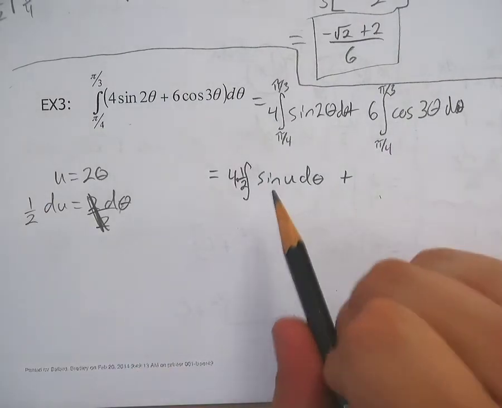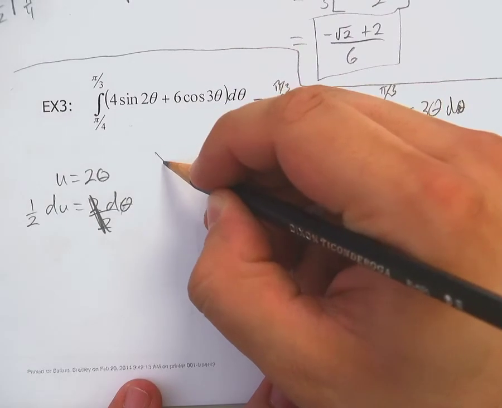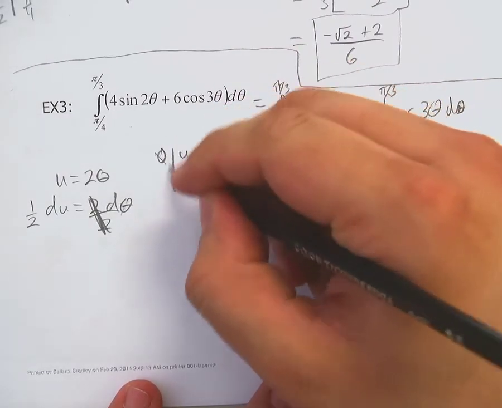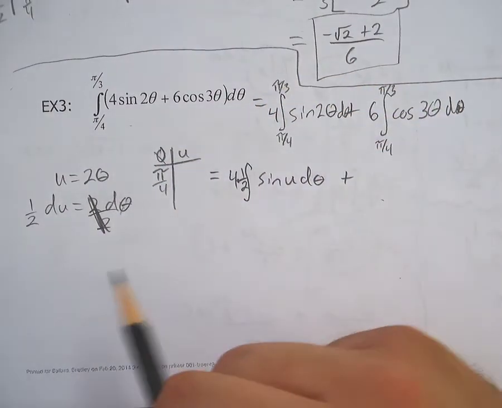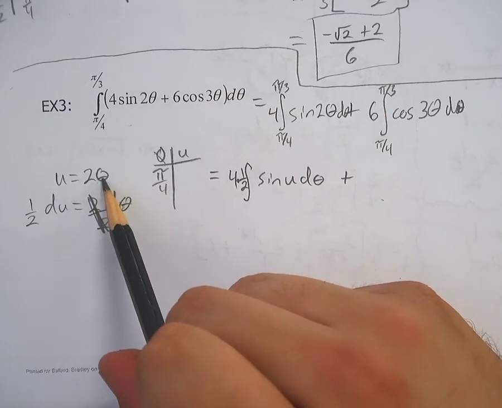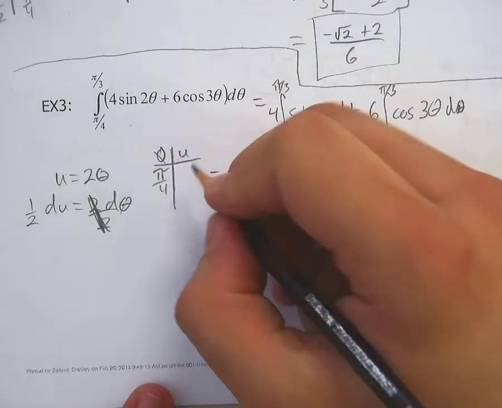Now, I'm not quite finished with this integral because I need to find my limits of integration, so I've got my values for theta and my values for u. So if I plug a pi over 4 in here, in for theta, you get 2 pi over 4, which is pi over 2.